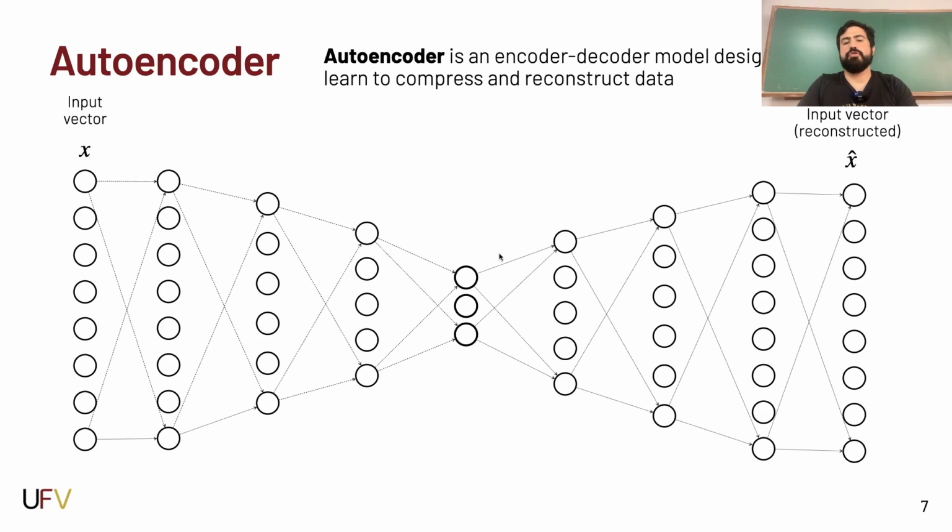I want to reconstruct my data by first compressing the input into a much smaller vector of 3 dimensions, for example. Because if I haven't got that, the problem would be trivial and useless, right? If I didn't have this bottleneck, then I could just use the identity function.